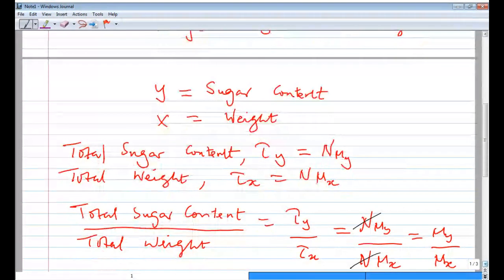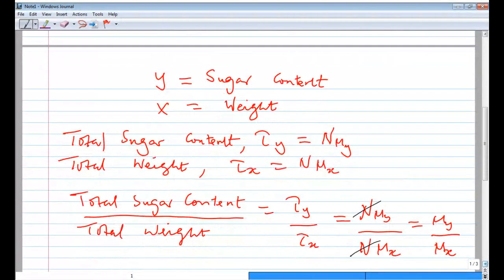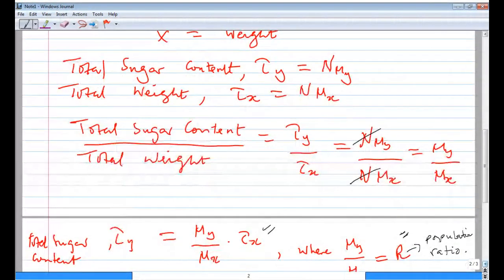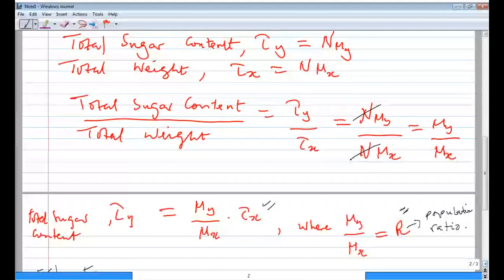Yes, here. It's the Y again. You're saying it's mu Y over mu X multiplied by tau X. So it means the right hand side is also equal to that one. Yeah, it's the same thing.